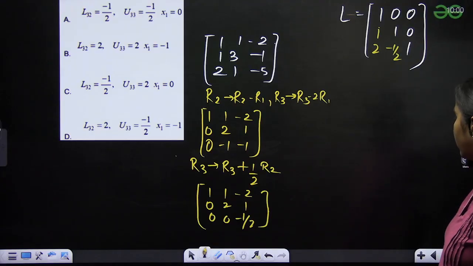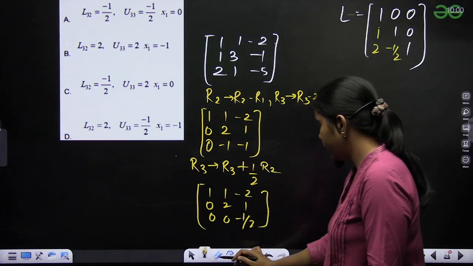So minus 4, minus 1 by 2, minus 1 by 2, minus 5. Right, now it is correct.